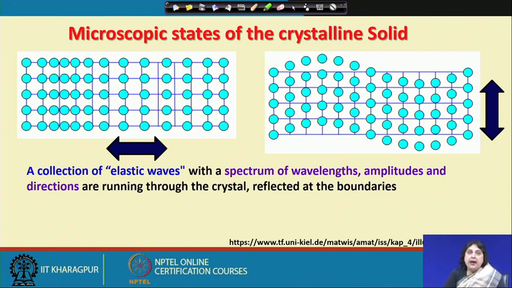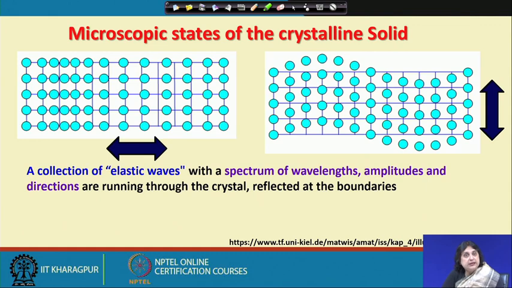So, I have several atoms strongly correlated to each other present in the system, and they are collectively undergoing displacement along the 2 degrees of freedom available to them, x and y.